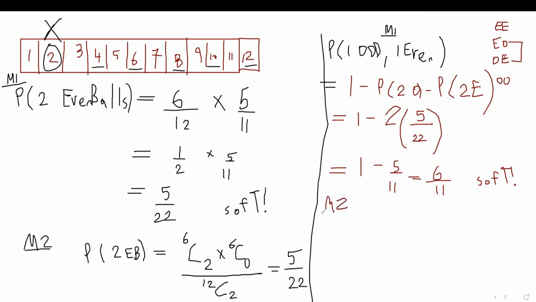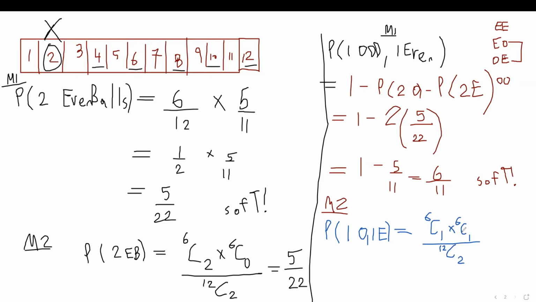Method two. Let's change the color for each different method. For method two, which is probably the easiest method, the probability of getting 1 odd and 1 even, I'm going to write 1 O and 1 E. To get 1 odd and 1 even, you're choosing 1 even from the 6 and choosing 1 odd from the 6, and dividing by the total possibilities, which is choosing 2 from 12.